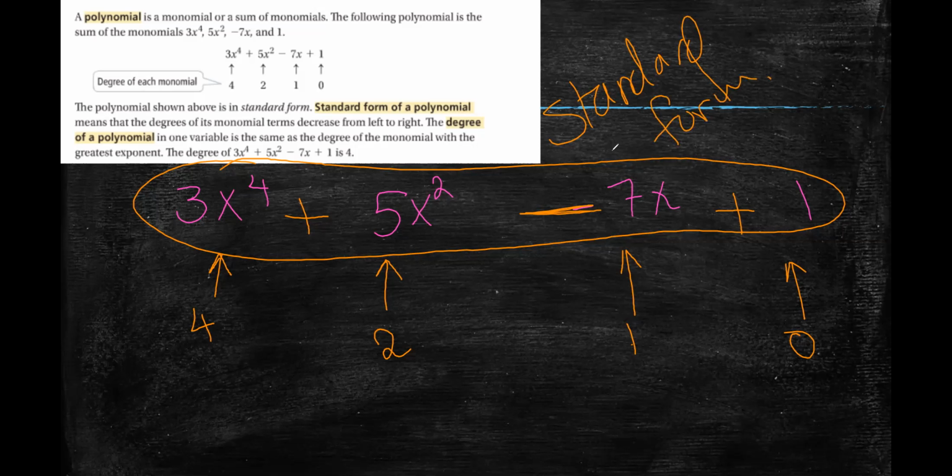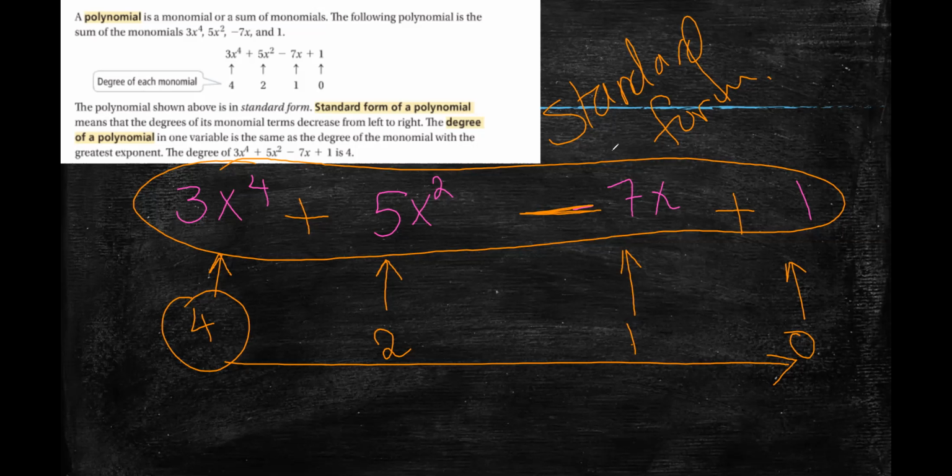Standard form means I'm ordering the polynomial from the highest to the lowest. You write it from left to right, and don't write the smallest one on the left. You have to order it from the highest to the lowest, from left to right.